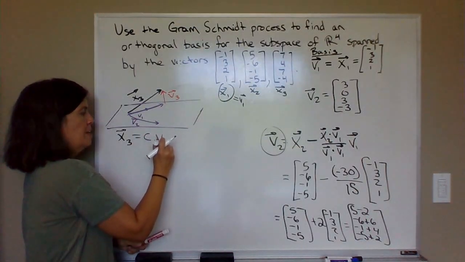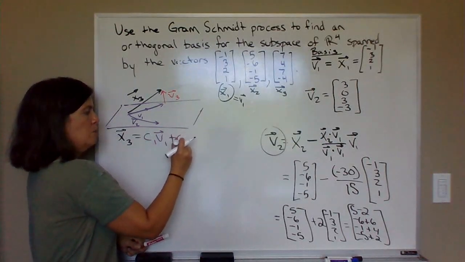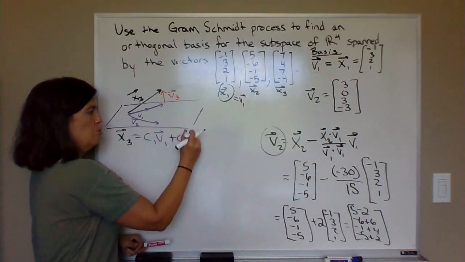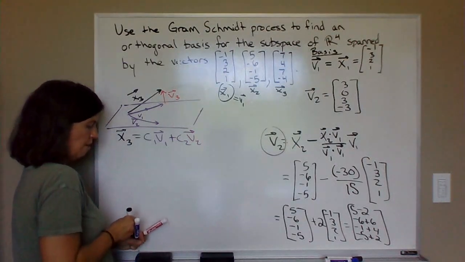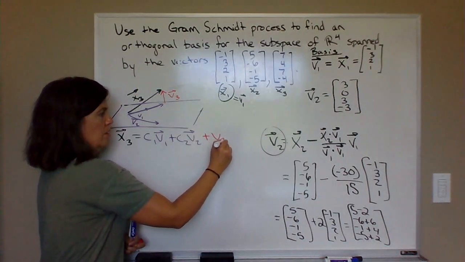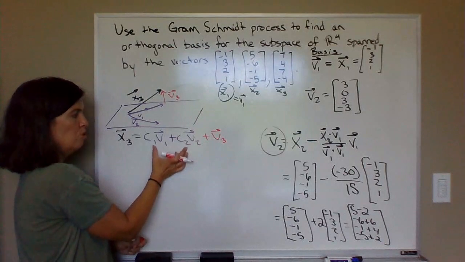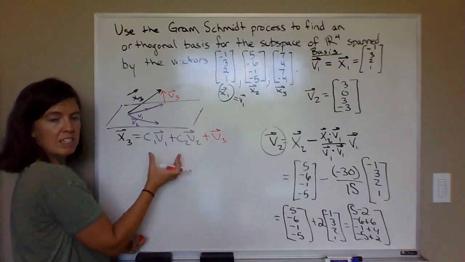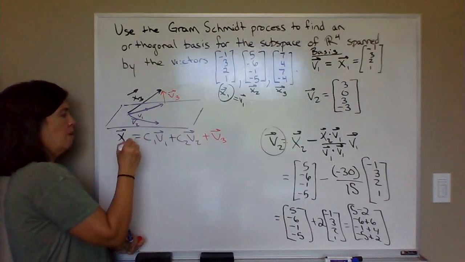So something in the span of V1 and V2 is going to be some scalar multiple of V1 plus some scalar multiple of V2. And then we'll have this orthogonal component, V3. And what we're really after is solving for V3, but in order to do that, we have to first find C1 and C2.